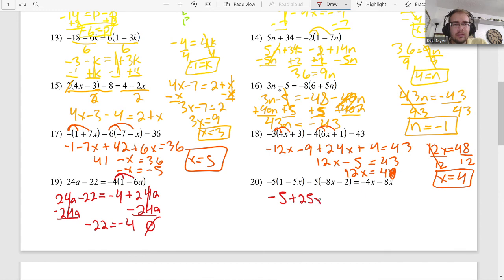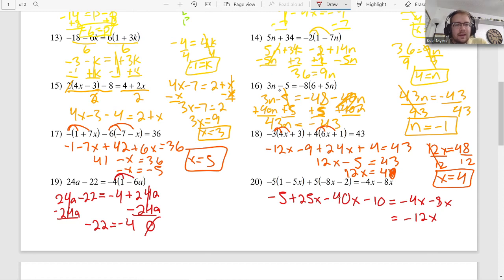So negative 5 plus 25x minus 40x minus 10 equals negative 4x minus 8x. Whew. Quite a lot going on here. Oh, hey, we can combine these things over here. This is negative 12x. And we can combine some stuff over here, too.